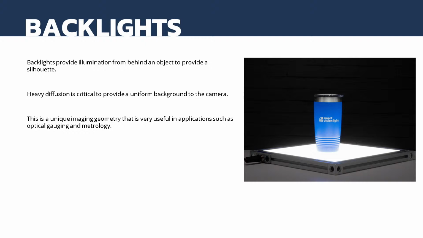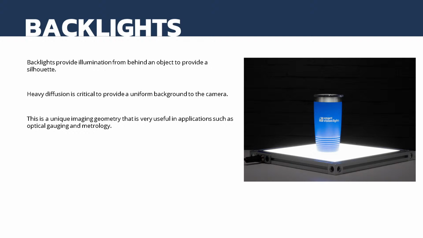Heavy diffusion is critical to provide a uniform background to the camera. We don't want any bright spots. We don't want the camera seeing bright around each LED that it's looking up at. So we have to heavily diffuse it to get the background to be evenly and uniformly lit. This is a unique geometry that is very useful in applications such as optical gauging and metrology. So again, if I want to put something down in optical gauging, I'm checking my parts.